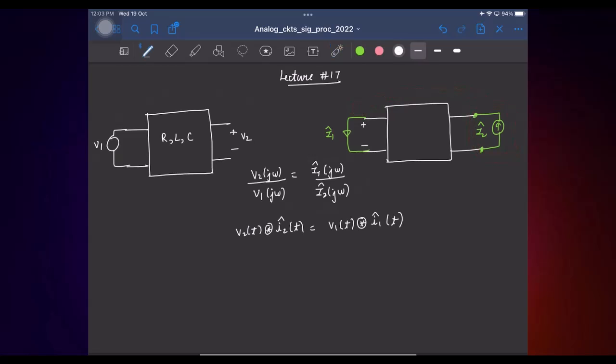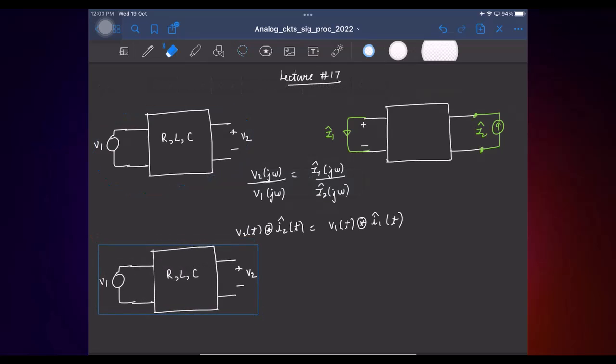So if that is the case, what can you say about the impulse response? I'm saying the transfer function from here to here is the same as the transfer function from here to here. Then even the corresponding impulse response will be equal. So how do I get the impulse response here?